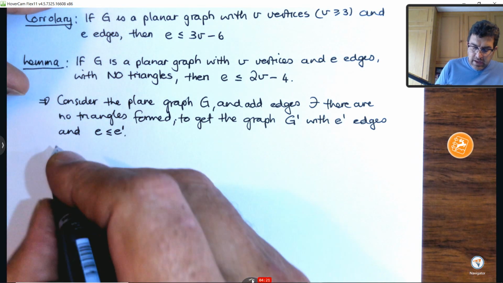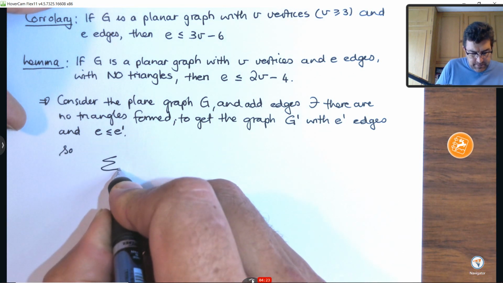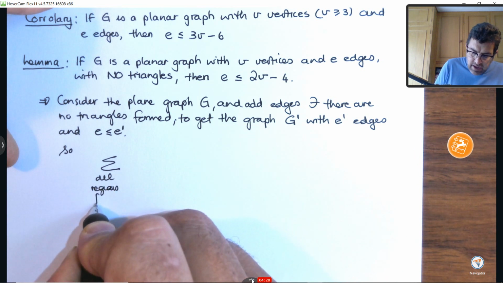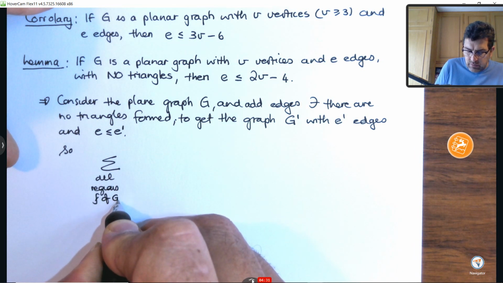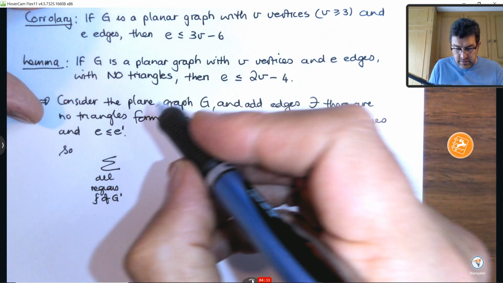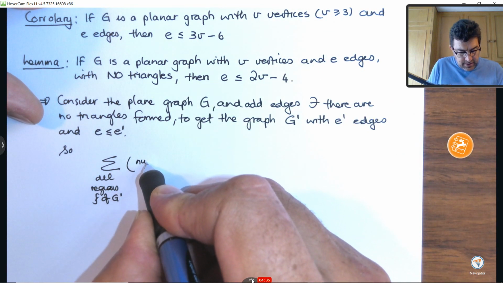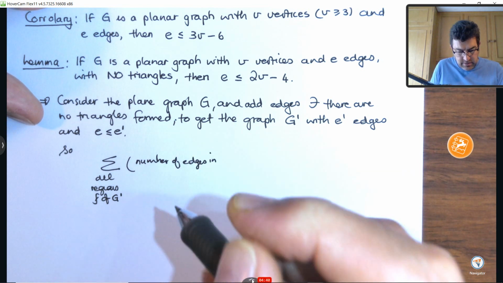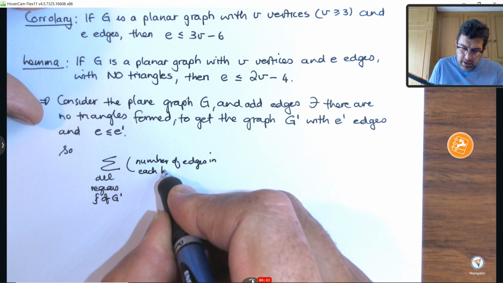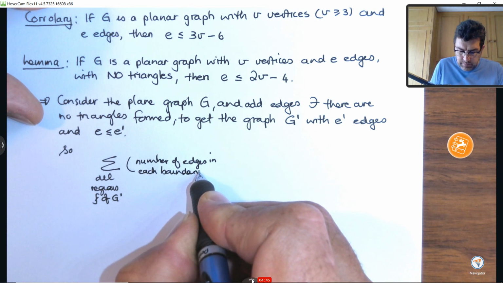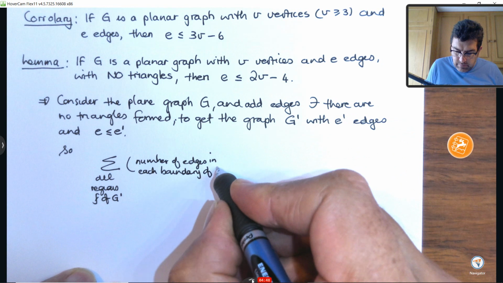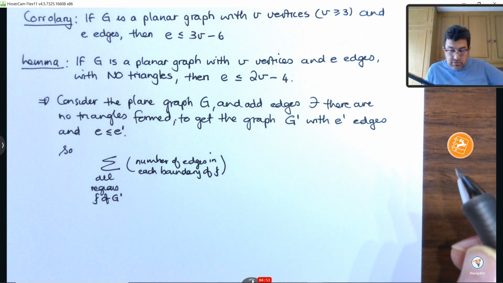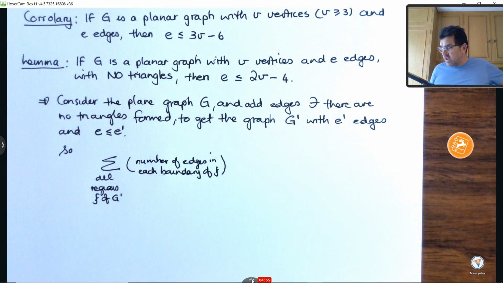Okay, so if we take the sum of all regions F of the new graph that we have formed, we take the sum of the number of edges in each boundary of F. What will we notice?